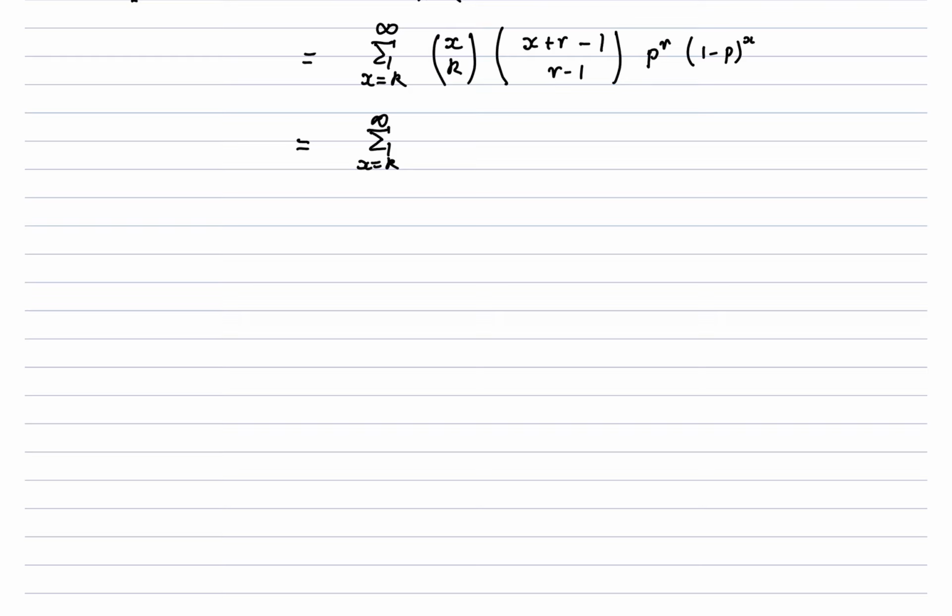By definition, x choose k is x factorial over k factorial times x minus k factorial, times the second combinatorial factor, which is x plus r minus 1 factorial over r minus 1 factorial times the top term minus the bottom term, which is just x, so that becomes x factorial, and we've got p to the power of r still, and 1 minus p to the power of x.